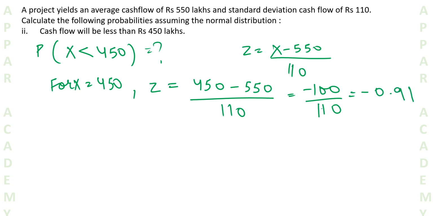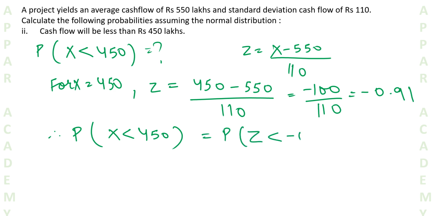Right? So therefore, to find the probability that x is less than 450, we need to find the probability that z is less than minus 0.91. Now it's always easier for us to sketch it up because the scope of error reduces. With practice, you won't have to actually sketch it up every time, but unless it's on your tips, just simply sketch it up.